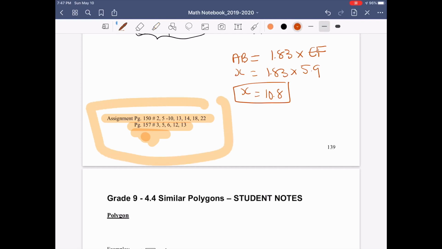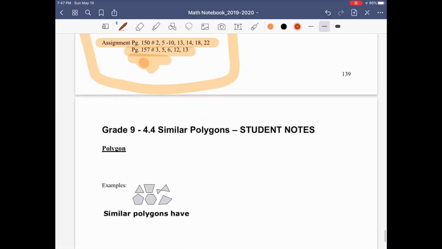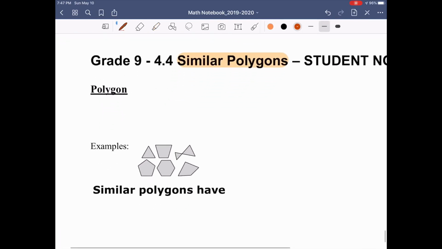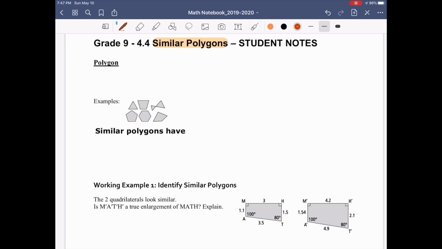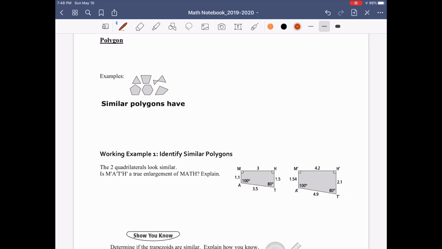I'm going to just right away roll into 4.4 because it's the same thing as 4.3, except instead of dealing with triangles, we're dealing with similar polygons. And a polygon is just any other shape other than a triangle. Okay, so similar polygons are the same thing as similar triangles.